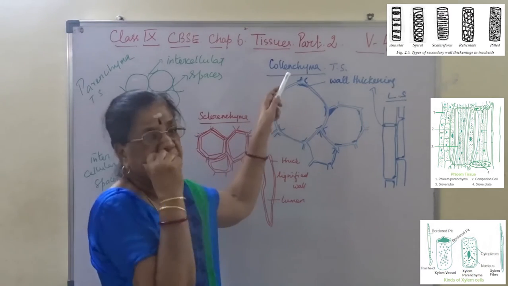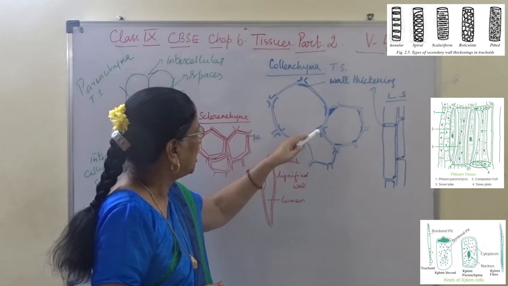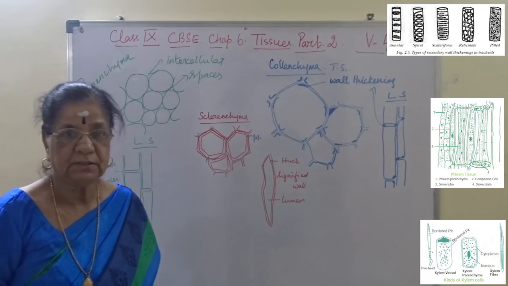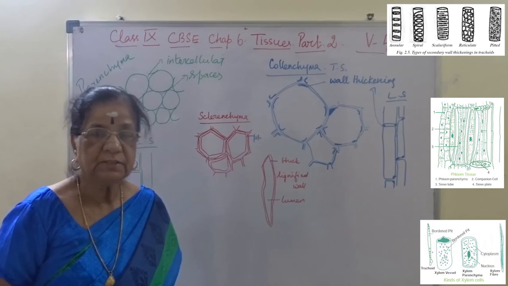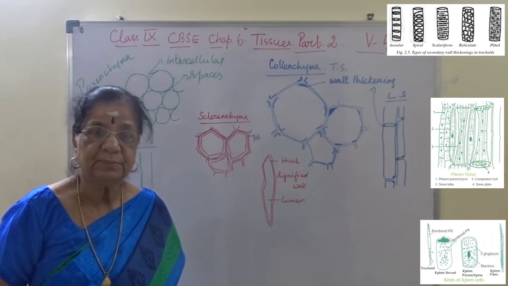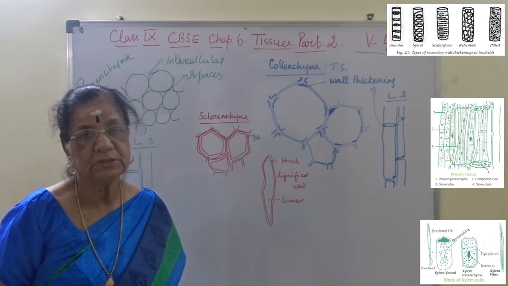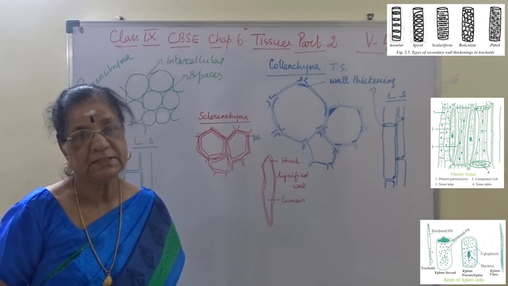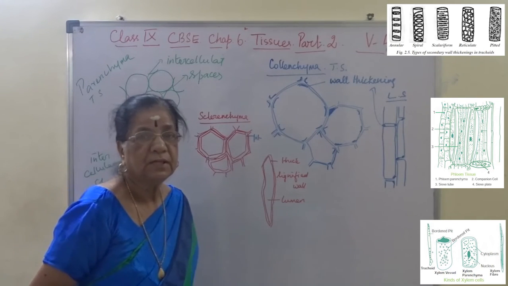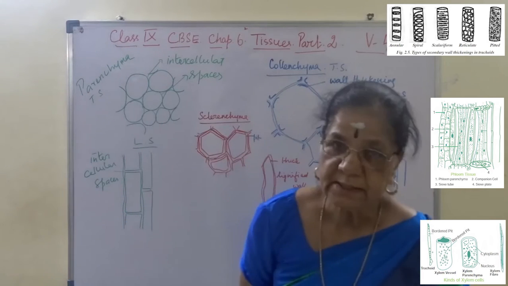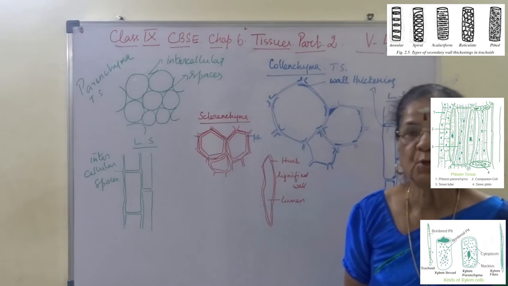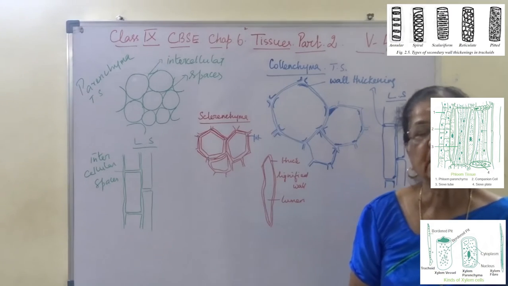Collenchyma tissue has deposition of pectin material in the corners. It is a living tissue and it is flexible in nature. And the third type is sclerenchyma, where it is almost a dead protoplast by the deposition of lignin.